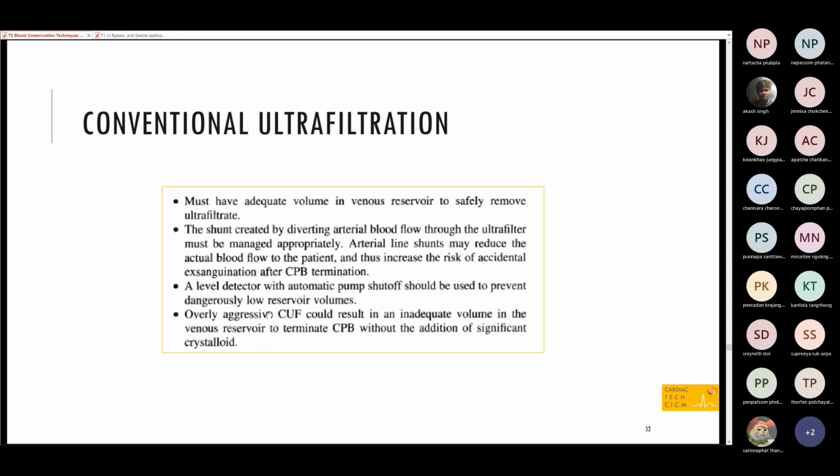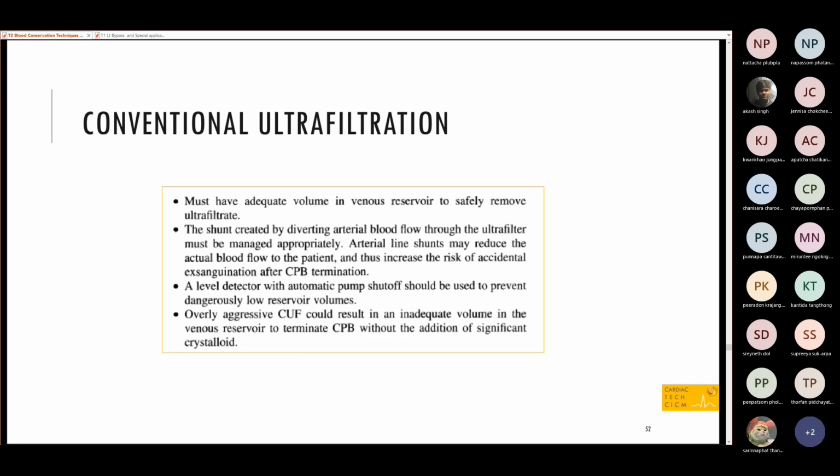And we need to use an appropriate CUF process, because if we filter a lot, we may have inadequate volume in the reservoir, especially during weaning, when we give the blood back to the patient.